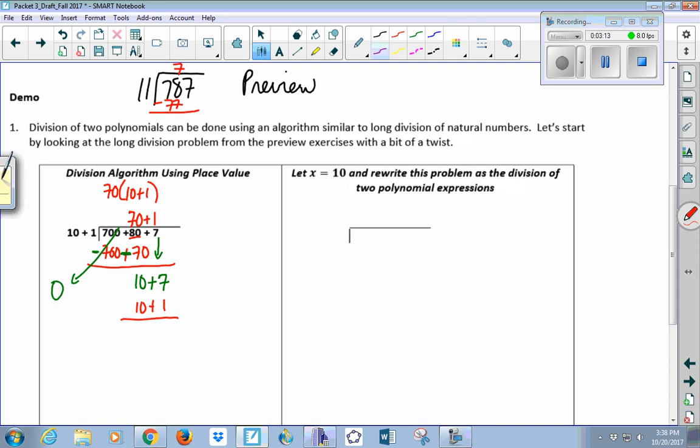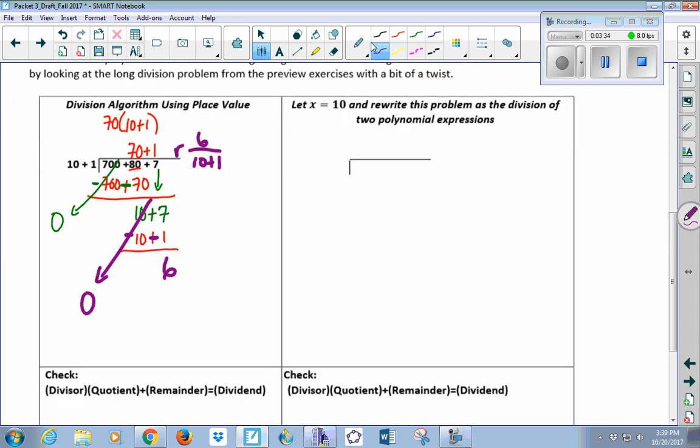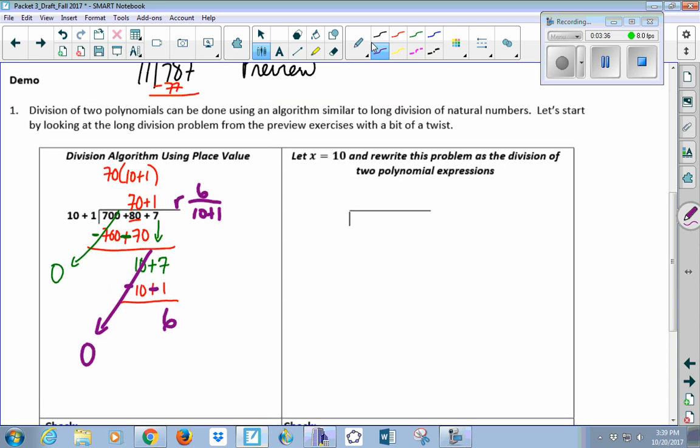Now I've got to be careful to subtract both pieces here, so I've got to distribute that negative sign through. 0, and then 7 take away 1 is a remainder of 6. So my remainder is 6 over 10 plus 1, or 6 over 11.